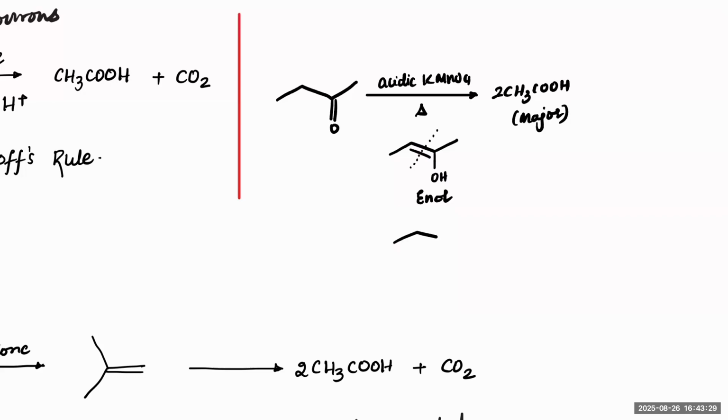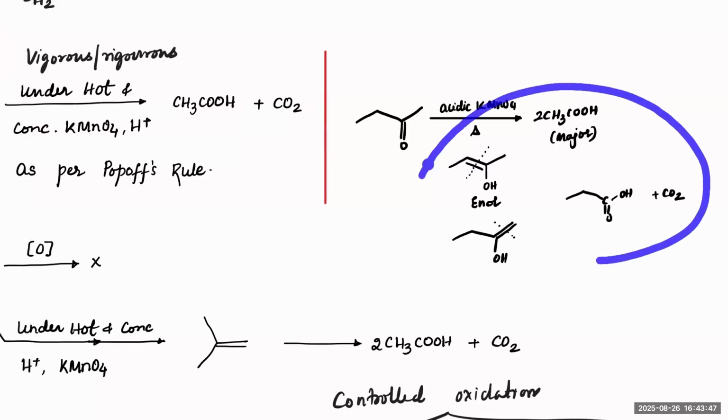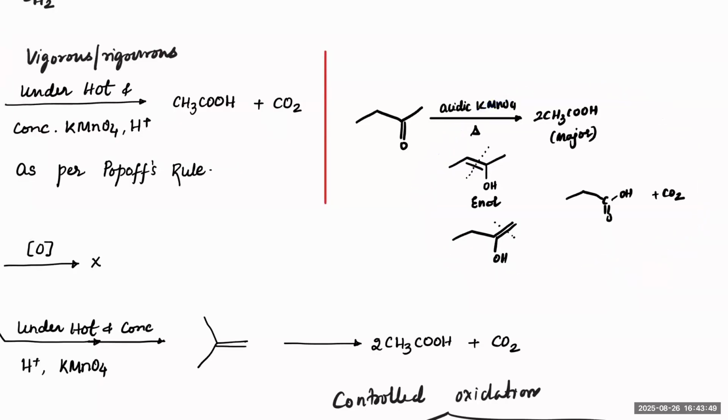Now, what is the minor product? That means getting an enol form on this side and then breaking. So what do we get? We will get propanoic acid and CO2, correct? Single carbon will convert into CO2. Now, this is something called Popov's rule. What is Popov's rule?